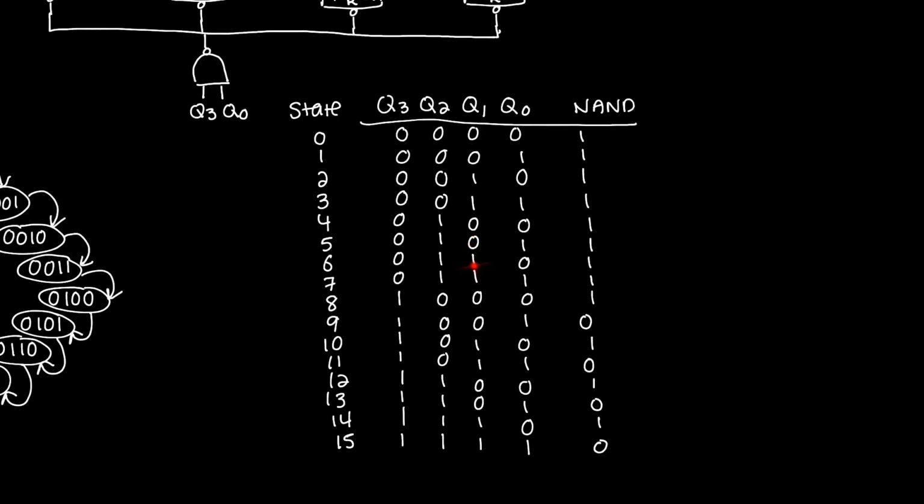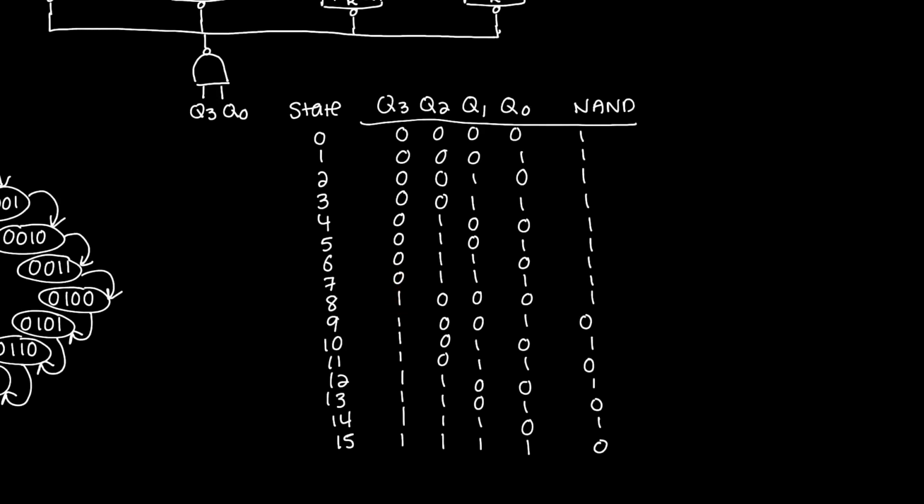It's 0, 0, and then it's 1, 1, then 0, 0 again. But if I look over here at Q3, I could see that in fact it's low for 7 clock pulses and high for only 1.